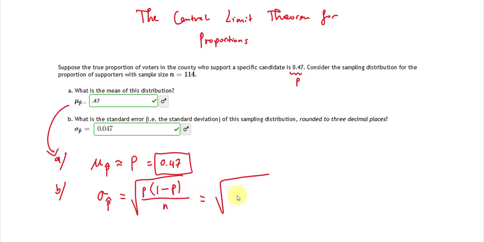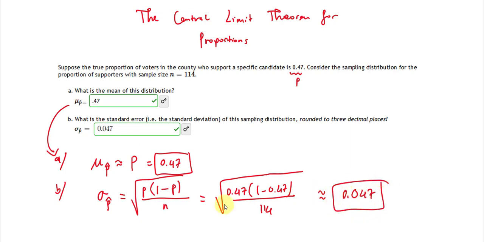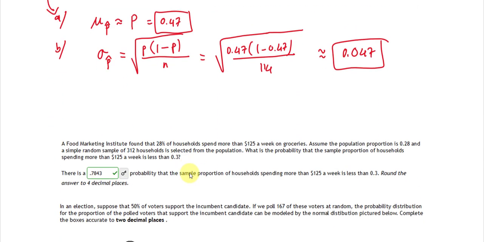Or P we got here, 1 minus 0.47, all over n, and in this case 114. And if you do that calculation, we should get 0.047. So that's the first problem. Straightforward and very easy. Now let's move on to the next one.